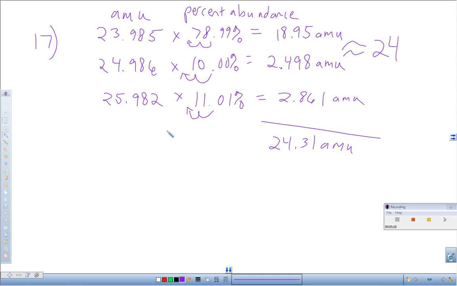And that was for magnesium. So then we could always double check and say, hey, what does the periodic table say? Am I close? 24.305. So depending on the periodic table you look at, those masses might be a little different.